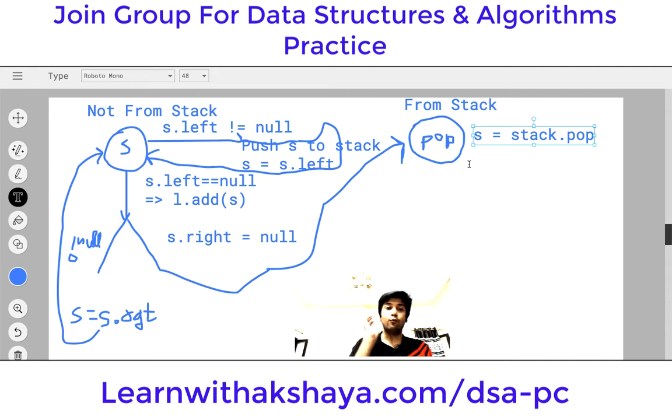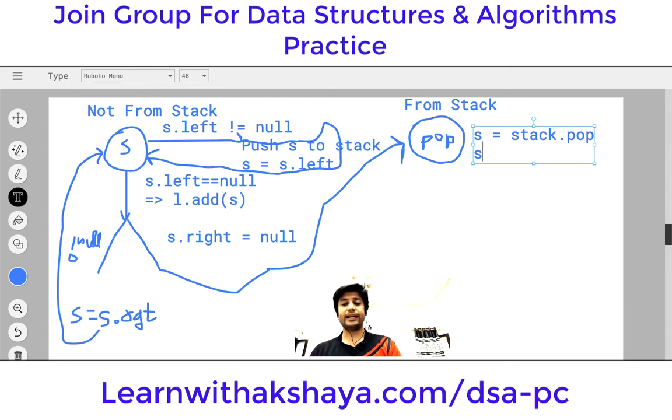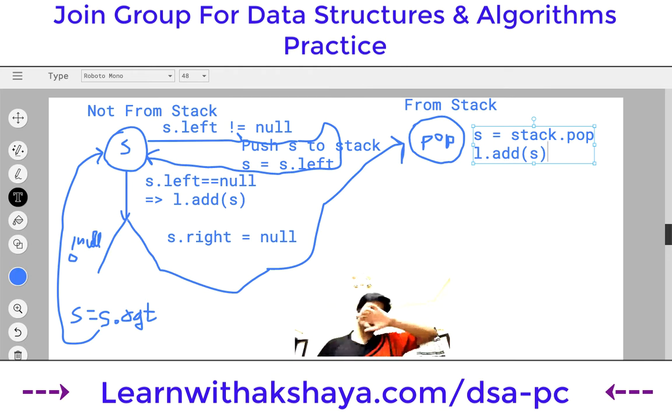Now we won't take care of the left hand side, right? And that's why we can directly do l dot add s, right? In the linked list we can directly add the current node because the left node is already traveled. So in order traversal, the current node will come, and now the only thing which is left is the right node, right? So now let's check the condition for that.